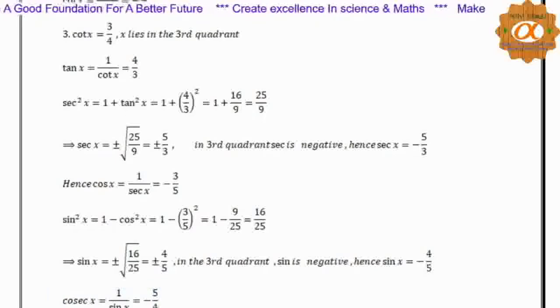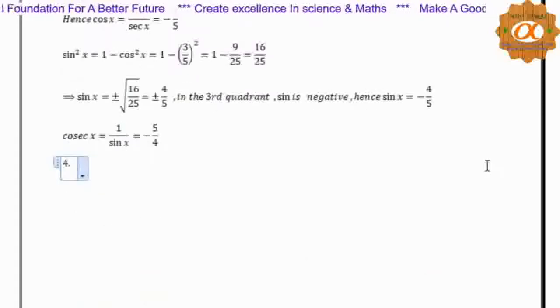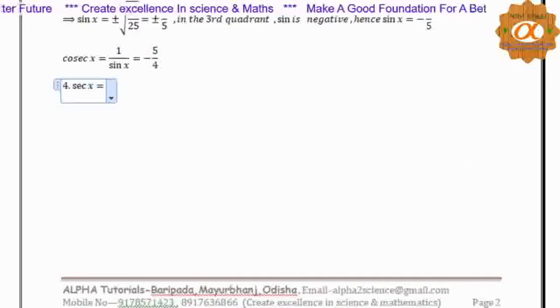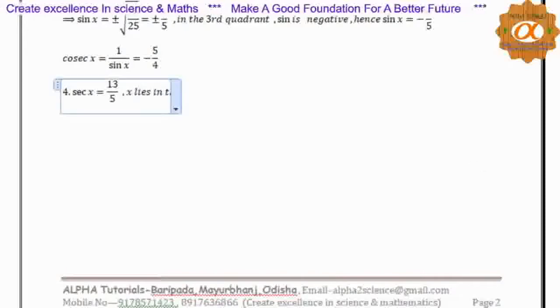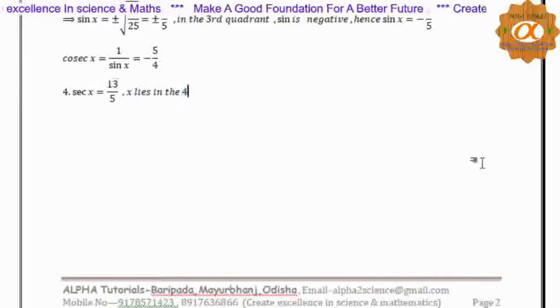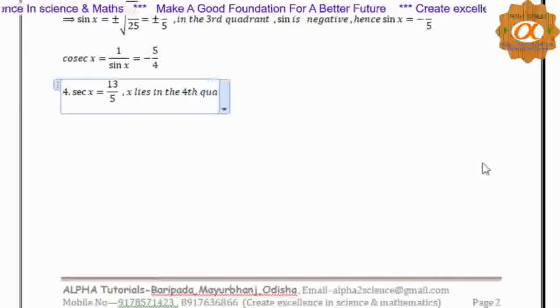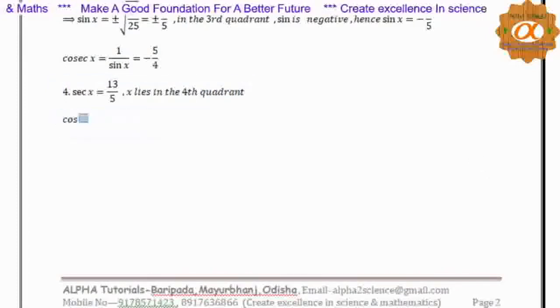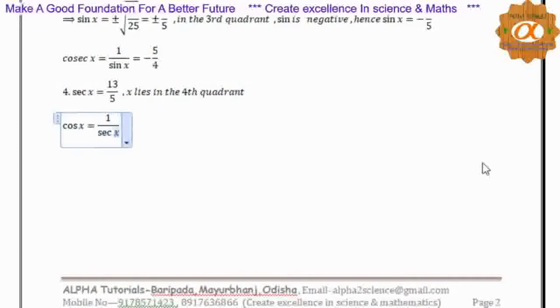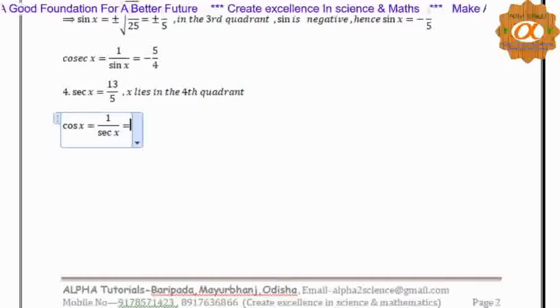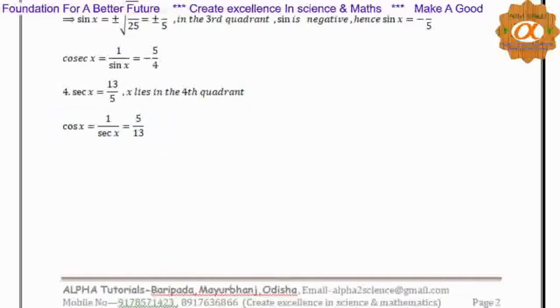Now we go to question number 4. In question number 4, it is given as sec x is equal to 13 by 5. x lies in the fourth quadrant. That means cos x is equal to 1 upon sec x, is equal to the reciprocal, that means 5 by 13.